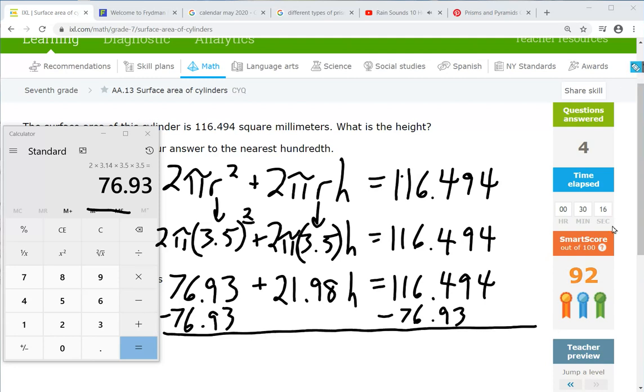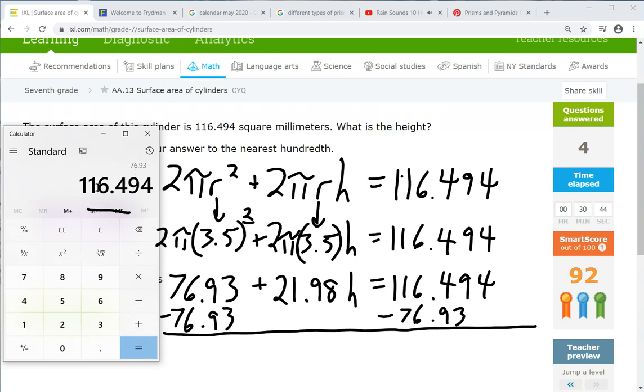Okay. So I'll do 76.93. Actually, you know what? I'm just going to keep this in here, and I'm going to do this minus 116.494. Now you're going to say to me, wait a minute, Mr. Friedman, this should be 116 minus 76. You did 76 minus 116.